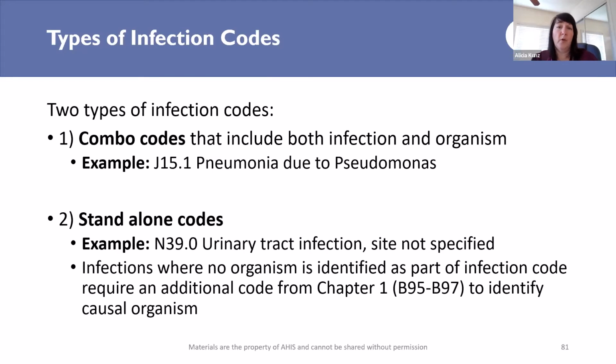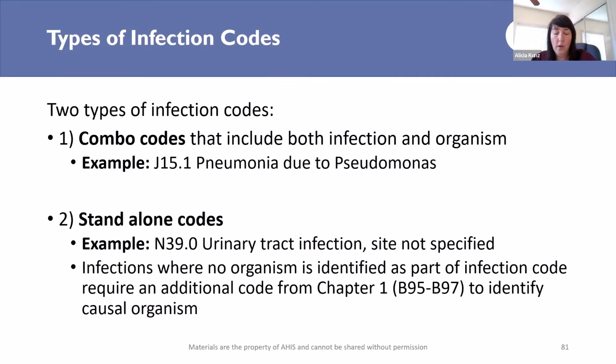So for example, we have N39.0, urinary tract infection, site not specified. Anytime you see a standalone infection code, it will ask you to code also the causal organism from section B95 to B97. They're going to ask you for an additional code for that.